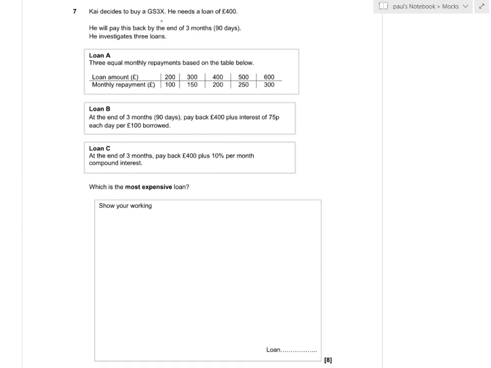Right, Kai decides to buy one of these. He needs a loan. He will pay back his loan by the end of 3 months. Blimey, 3 months to pay that back. 3 equal monthly payments based on the table below. Loan amount, monthly payment.